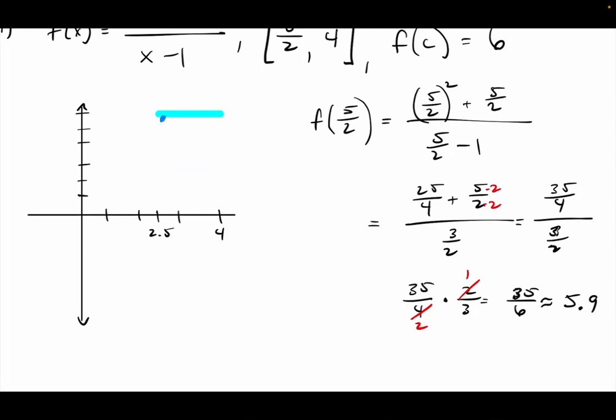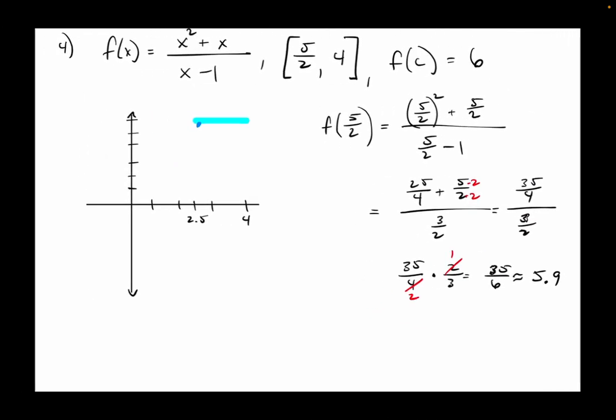Okay. Now we're going to plug in 4. F of 4 is 4 squared plus 4, over 4 minus 1. 4 squared is 16, plus 4 is 20, over 3.